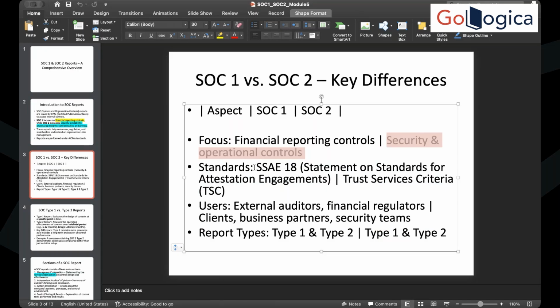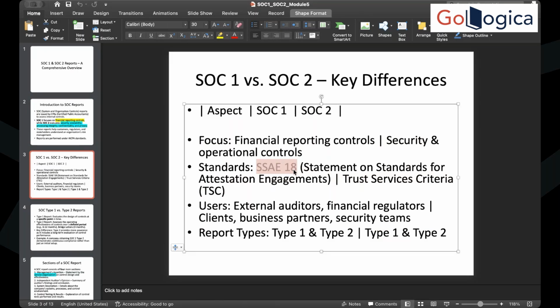SOC 1's other name is also SSAE 18, which is Statement on Standards for Attestation Engagements. You don't need to worry about these terminologies. SSAE is mostly what they call a SOC 1 report in Europe. If you join a company in Europe, they will not say SOC 1, they'll say SSAE 18.